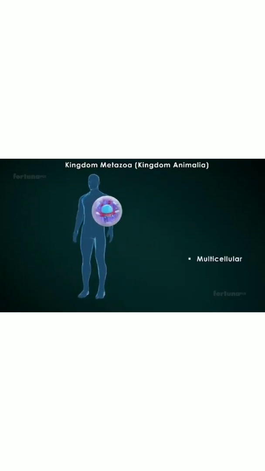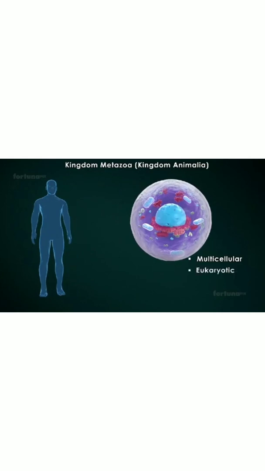Finally, we reach the kingdom with the most complex organisms, Kingdom Metazoa, or Kingdom Animalia. It includes animals, which are multicellular organisms. The cells of these organisms are eukaryotic, and although they do not have a cell wall, they do have a cell membrane. All members of this kingdom have tissues and organs.